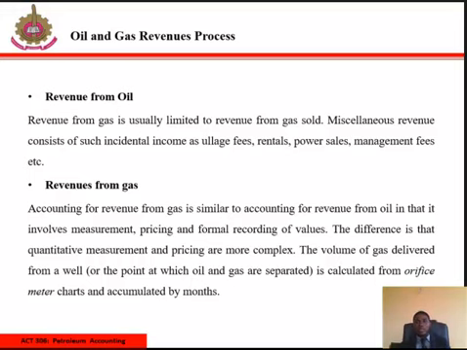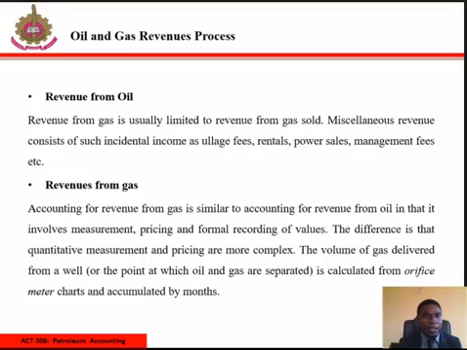The oil is also passed through a heater treater to remove water and other impurities. The gas removed from the oil is referred to as casing head gas. The treated oil is then usually stored in large storage tanks, collectively referred to as tank farm or tank batteries.